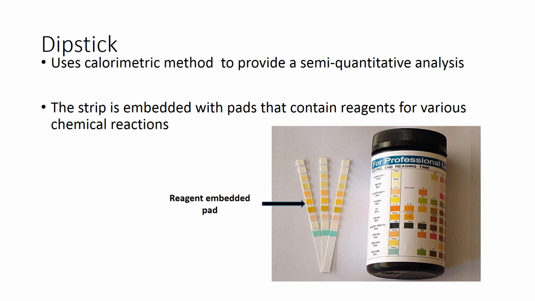And so what's actually happening when you dip this strip into urine is that you have these various chemical reactions happening, and then there's a corresponding change in color that tells you whether or not your test is positive, how positive, or whether the test is negative.